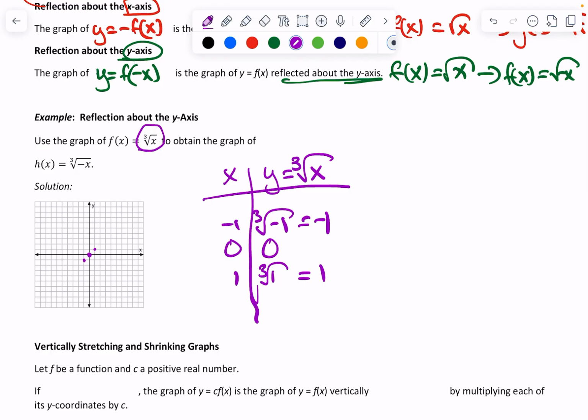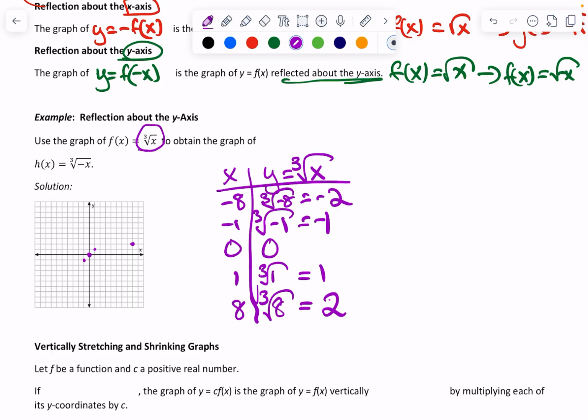But next, cube root of 2 is going to give us a decimal number. The next one is going to be cube root of 8, because cube root of 8 is a 2. So we're going to go 1, 2, 3, 4, 5, 6, 7, 8, and 2 over here. And cube root of negative 8 is going to be negative 2.